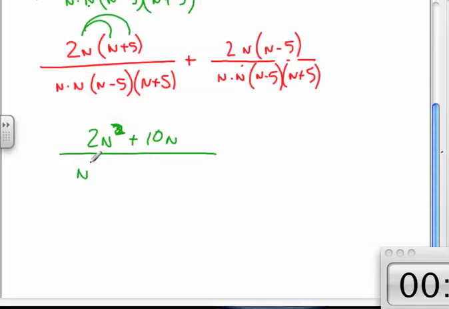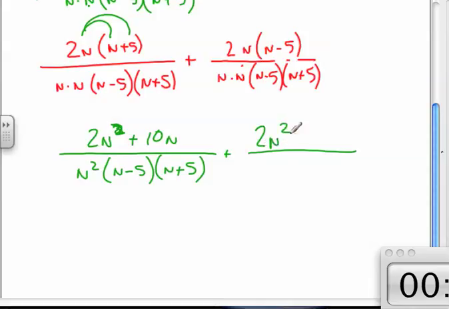All over n squared times n minus 5 times n plus 5. All right. Thanks, Winslow. Okay, what do I get on the numerator, Mark, of that second fraction? 2n squared. Good. And what? Negative 10n. Good. And then I've got n squared times n minus 5 times n plus 5 on the bottom.